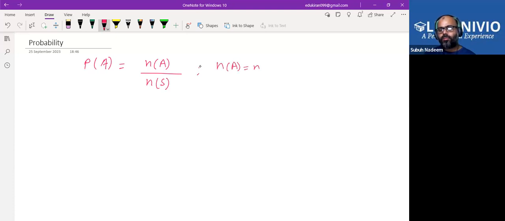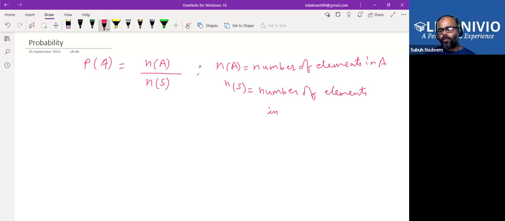Yes, sir. We all know what is sample space. Sample space is the collection of all the outcomes. For example, if you take a simple event, which is tossing a coin. If we toss a coin, what is the sample space?